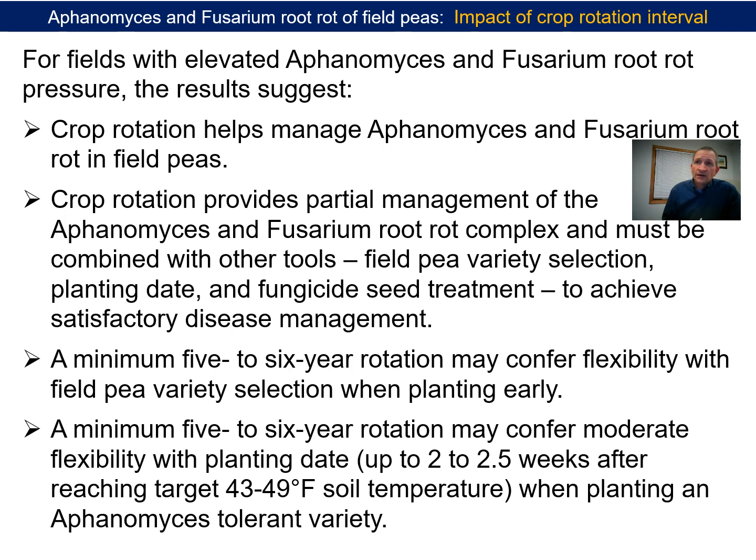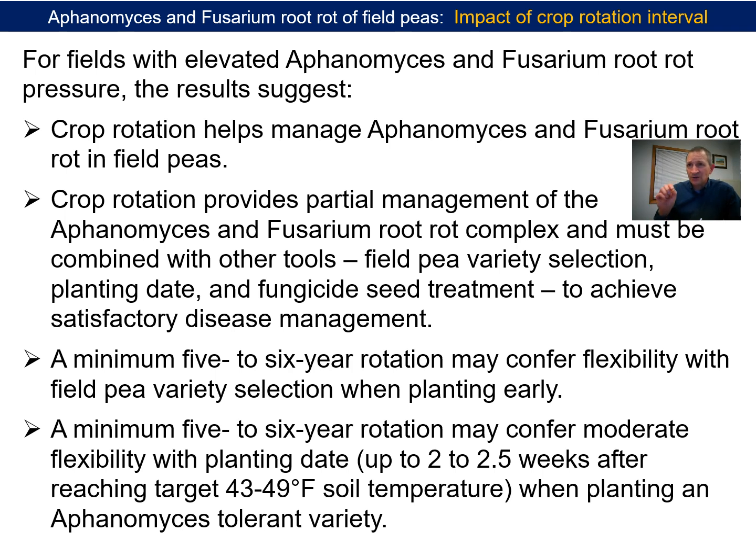Likewise, the planting date becomes absolutely critical. As you move to a broader crop rotation interval, you get a little bit more flexibility on those two parameters, but not lots of flexibility. Again, the conclusion here is that successful management of this complex may be possible by stacking multiple tools.